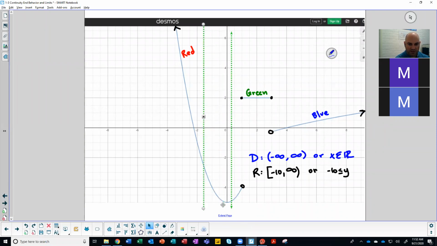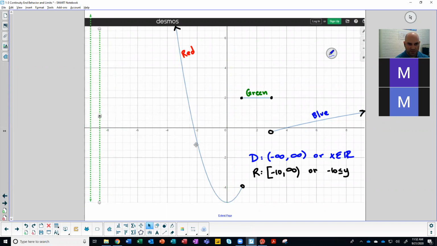This graph had 3 separate pieces on it: 1, this curve, 2, this flat line, and 3, this curve. There's 3 pieces of graph. If you have 3 pieces of graph, does that mean your answer for domain and range will have to be 3 separate pieces?